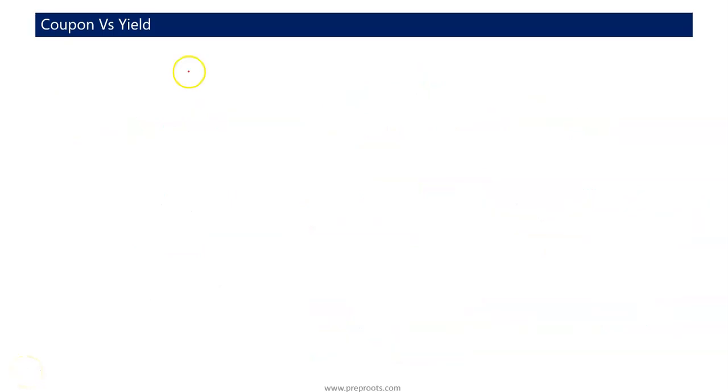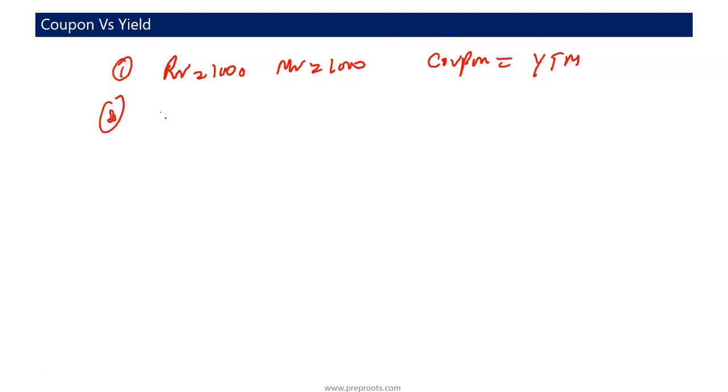So in summary, if redemption is at 1000 and market value is 1000, coupon is equal to YTM. Number one case. Number two case, redemption is 1000, and you are buying the bond cheaper at a lower rate.